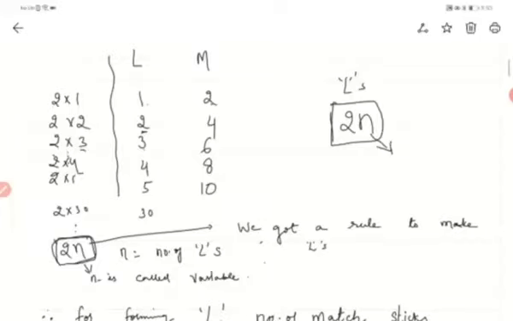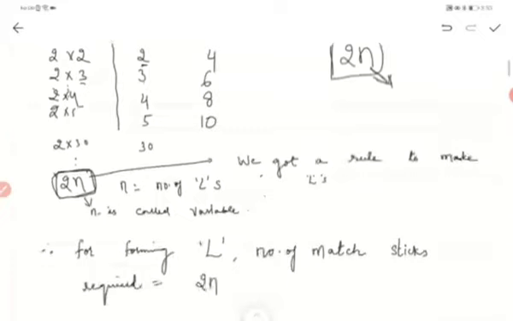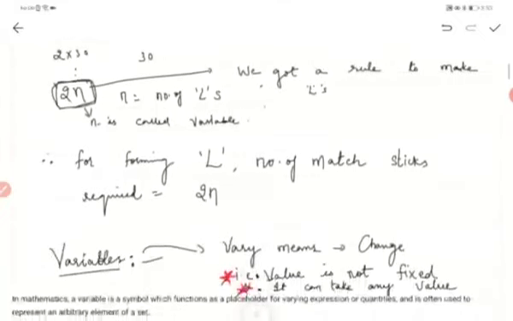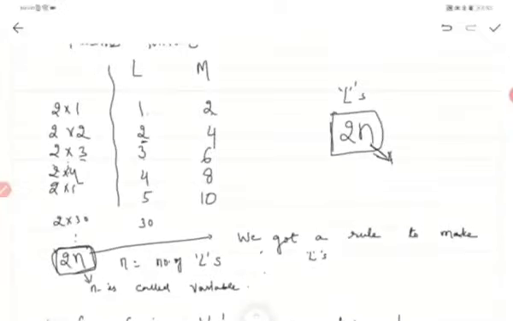Alright, so this was one of the examples. At present, just remember this is a variable. Now we are going to study variables and the different equations we will come across, and the uses of these variables.